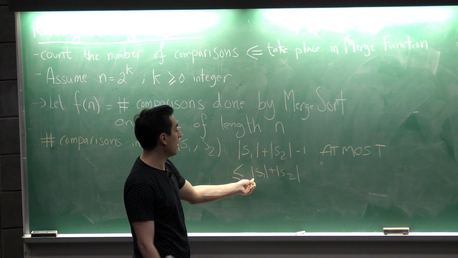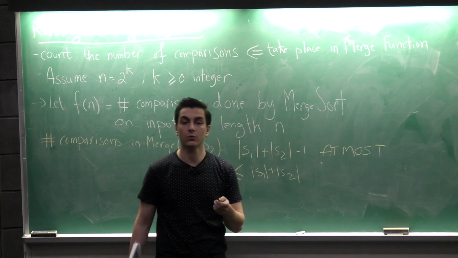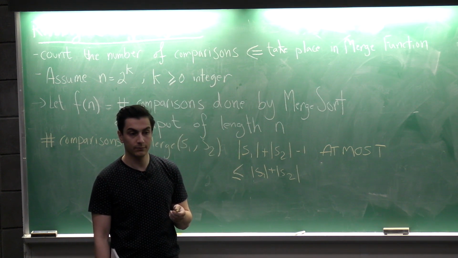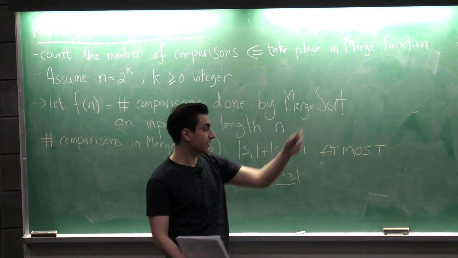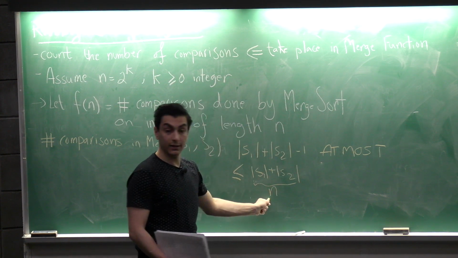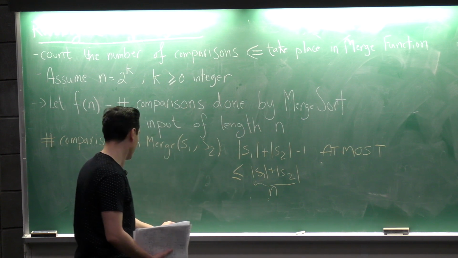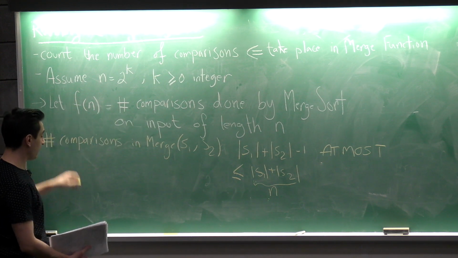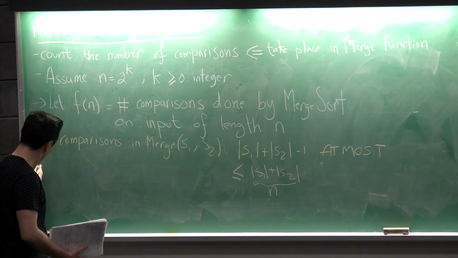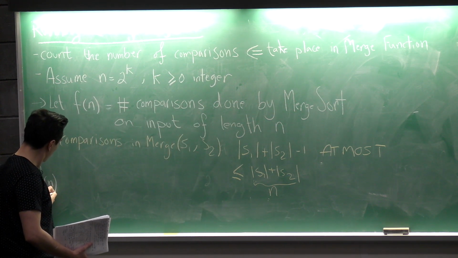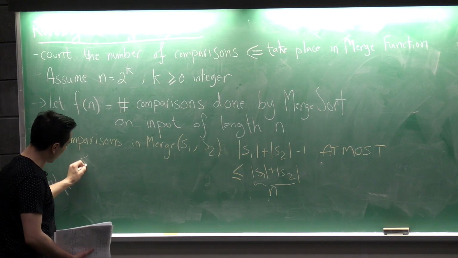So what is the length of S1 plus the length of S2? N, right? In our example it's 10, but generally this is going to be n. So this f function that we defined is going to make at most the following comparisons.